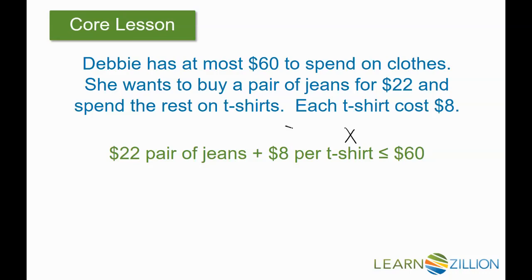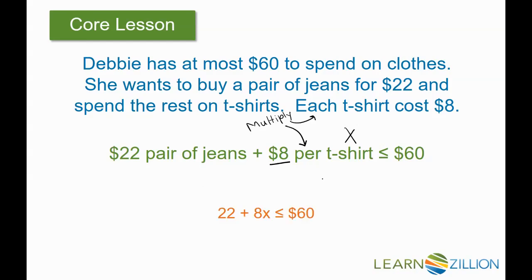And we're going to represent t-shirts with x. Now, if ever you see the word per or each, this means multiplication. So we know that we are going to multiply the cost of the shirt times our variable. Okay, so we're just building our equation here.